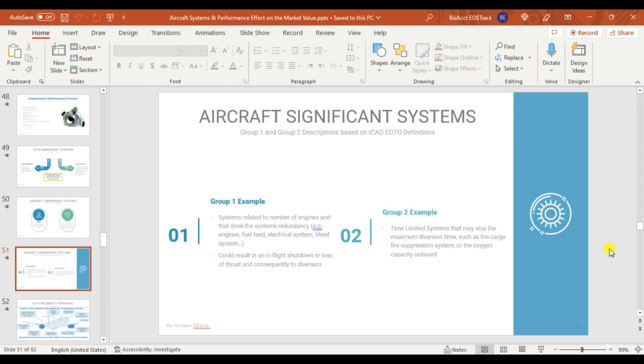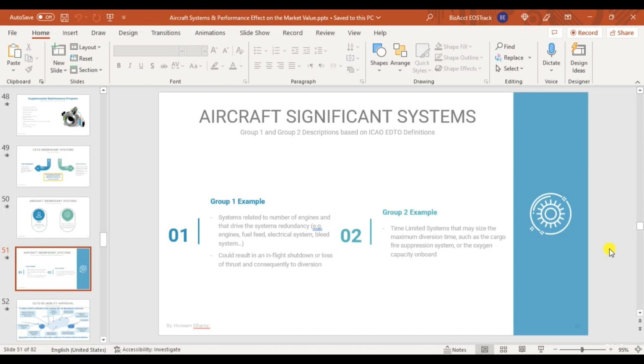For example, in the Boeing 737 NG, we have 2 fire suppression bottles, and the aircraft is certified to fly EDTO, 180 minutes extended range. The 2 bottles for the fire suppression of the cargo can work up to 192 minutes. So this is what I mean.